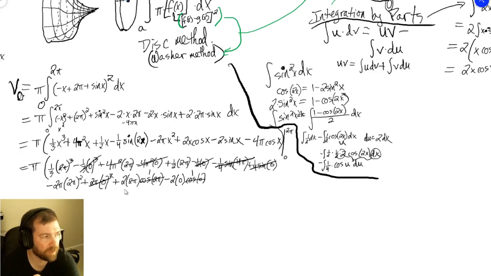So in this case, we end up getting 4 pi out of this, whereas in this case, we get 0. I don't know. For some reason, that drew me in. I found it interesting. Here, we get another negative 2 times the sine of 2 pi plus 2 times the sine of 0, which are both going to be 0 again.